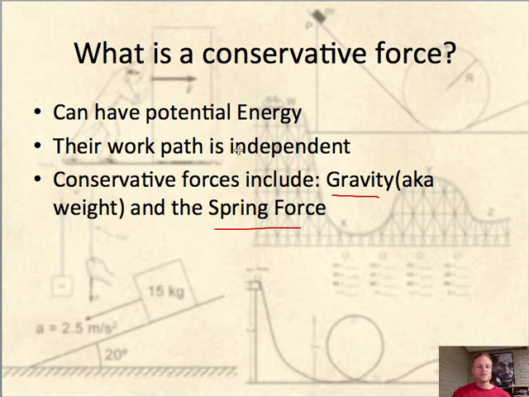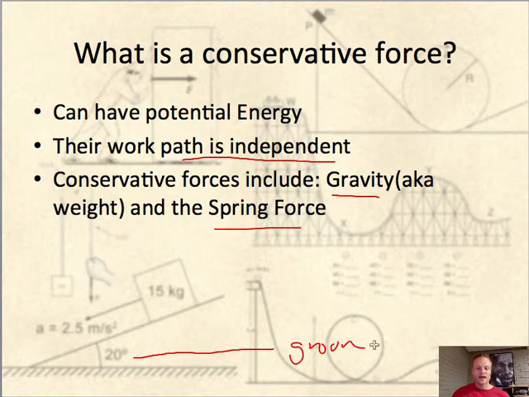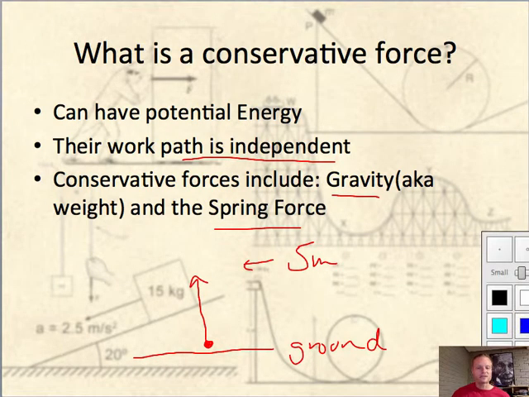And what does it mean that the work path is independent? Well, basically what that means is if this is the ground here, and let's say I want to lift a ball up that's just right here, and I want to get it to this point up here. I'm going to lift it to, I don't know, 5 meters up. If I lift this ball up and I go just straight up 5 meters, I've increased its potential energy.